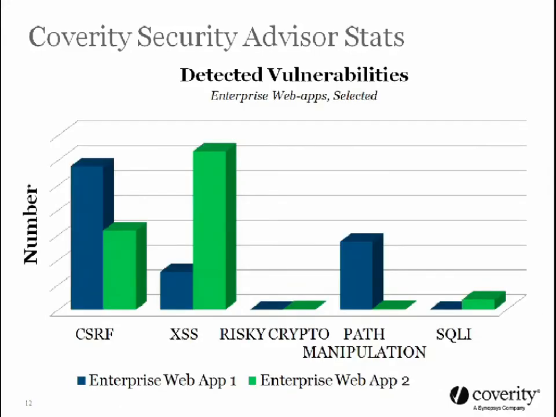Interesting to note, for enterprise web applications, we see about the same pattern. It differs a little bit. These 2 example companies are doing some things right. One of them has no SQL injections. Both of them have no risky cryptography that we could detect. But cross-site request forgery is still the #1 average issue between them. So it's a problem in both the open source world and for enterprise applications.